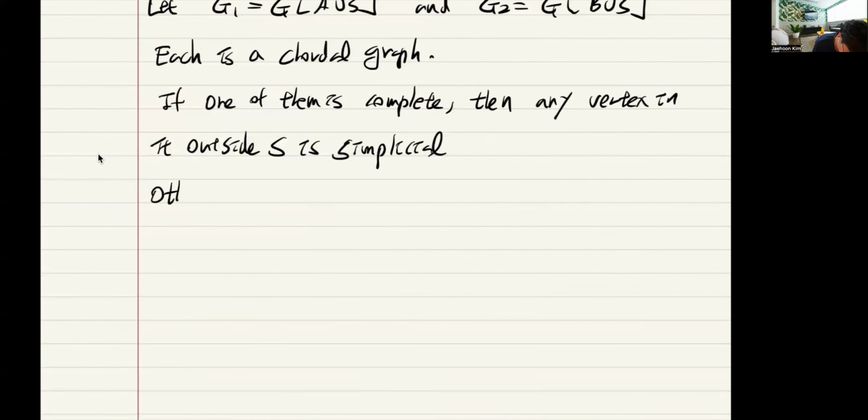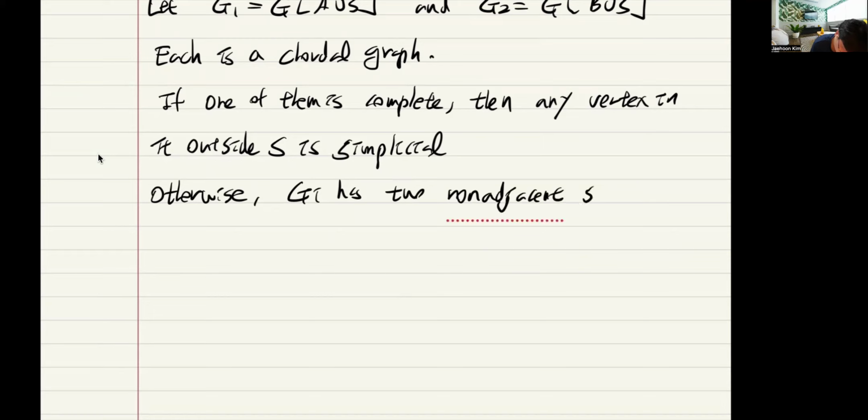Otherwise, if this is not complete, then what happens? You can apply the induction hypothesis. Gi has two non-adjacent simplicial vertices by the induction hypothesis. And what do we know?